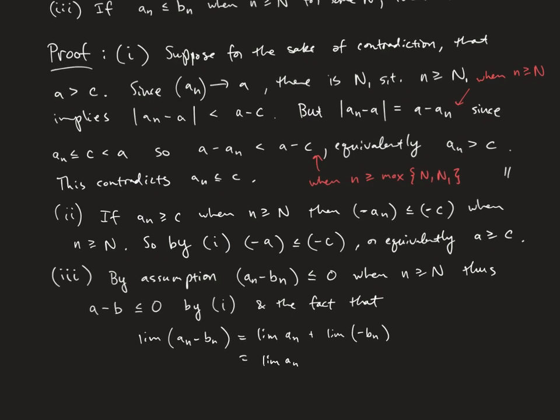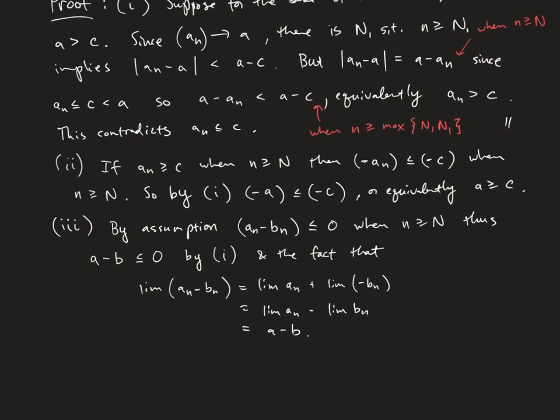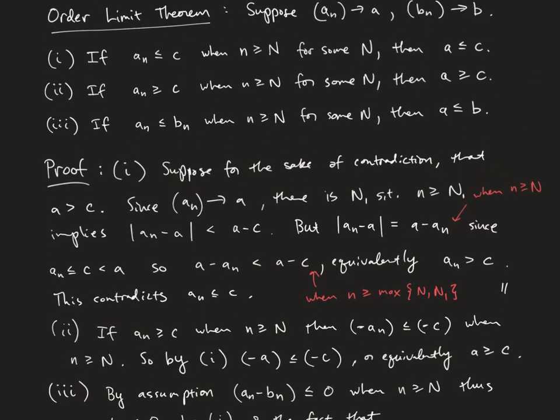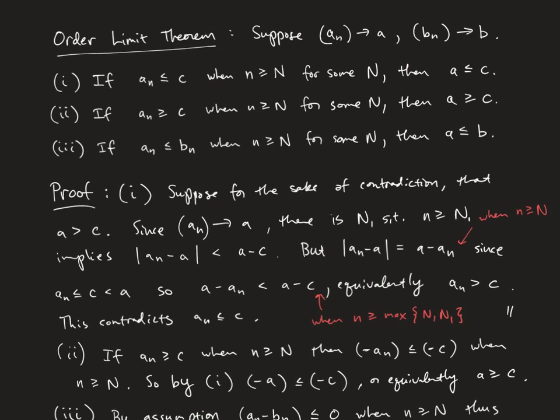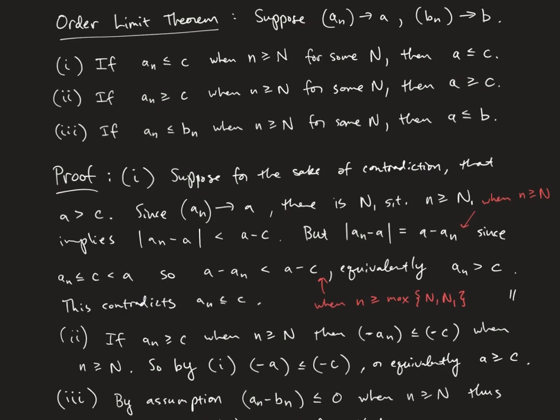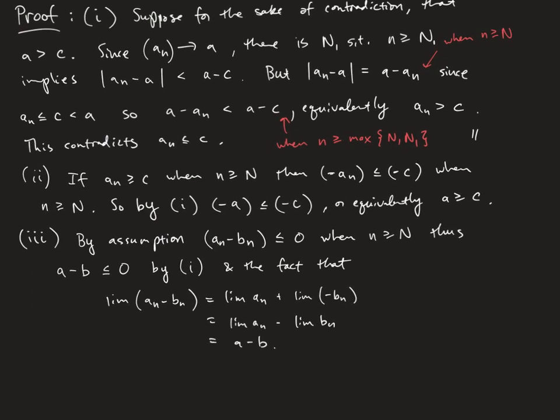It says the limit of a_n minus the limit of b_n, and that is equal to A minus B. And that completes the third part. We just rearrange this and consider the single sequence, which is then bounded above by 0. So really 3 is just a special case of 1.